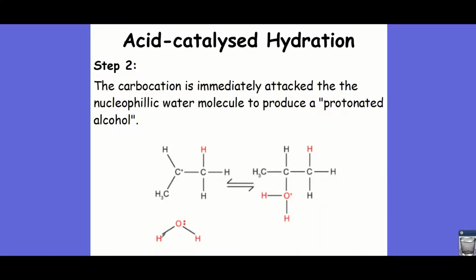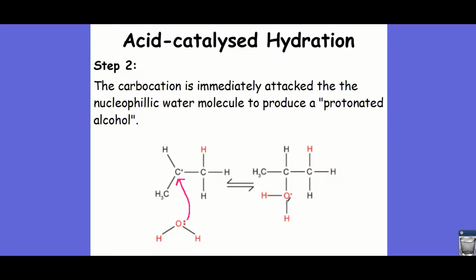So you introduce water into this reaction here, and remember the oxygen here has 2 lone pairs. It can be pretty reactive and can behave like a nucleophile, so will attack the positive carbon in our carbocation there pretty quickly. And that will form this protonated alcohol.